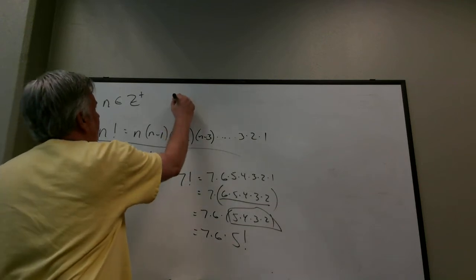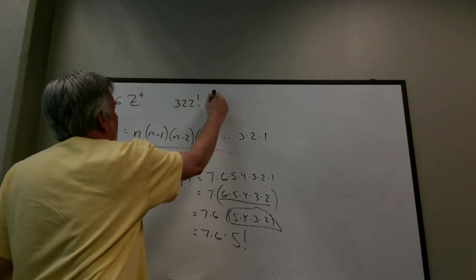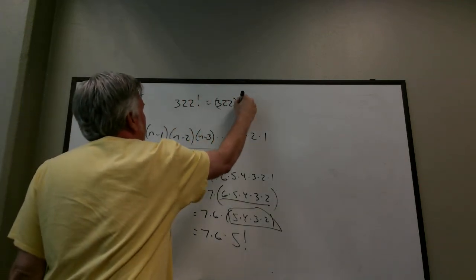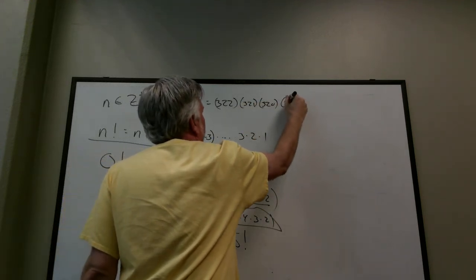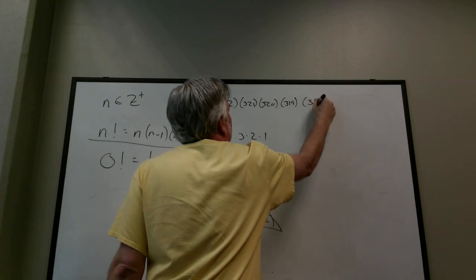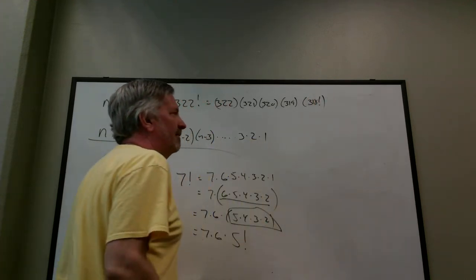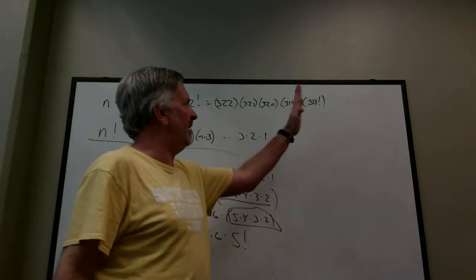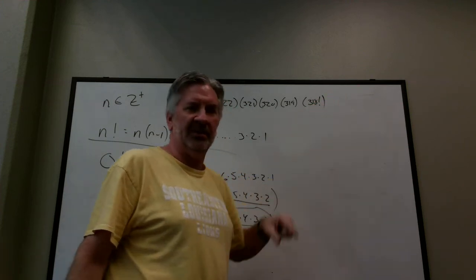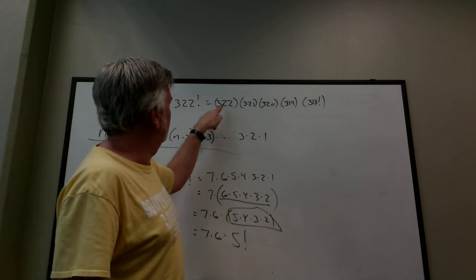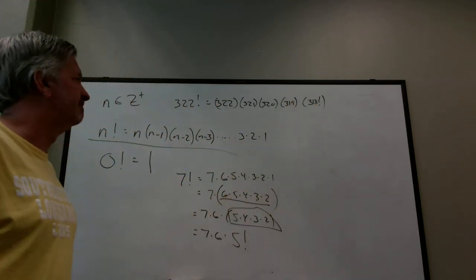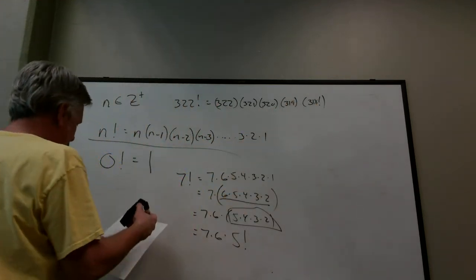So for example, 322 factorial is 322 times 321 times 320 times 319 times 318 factorial. If I stop at 318 and don't write anymore, you put the factorial for the rest of the tail. So you can do it one place over, two places over, 1, 2, 3, 4, 5 places over. Okay? So that's what that fact is saying.